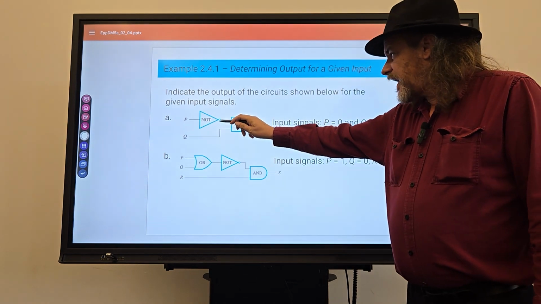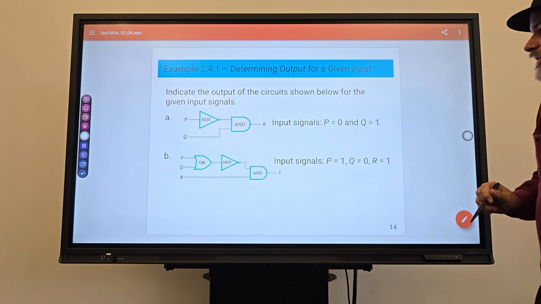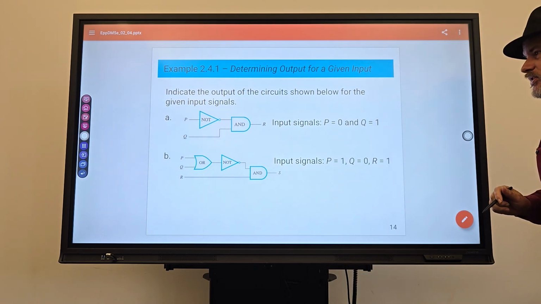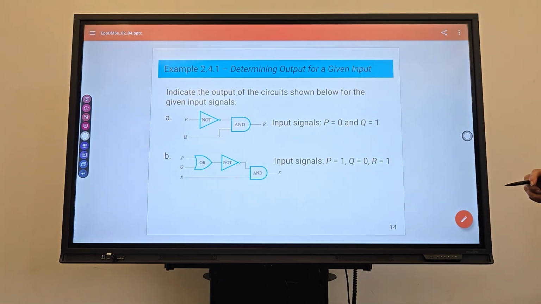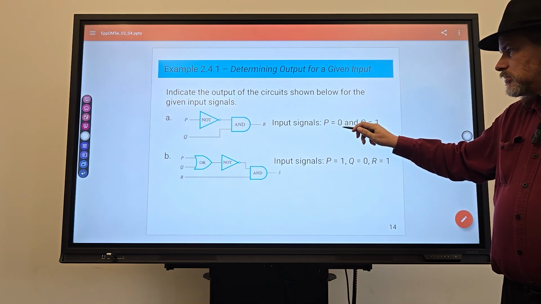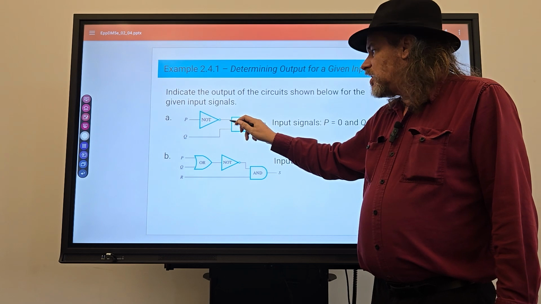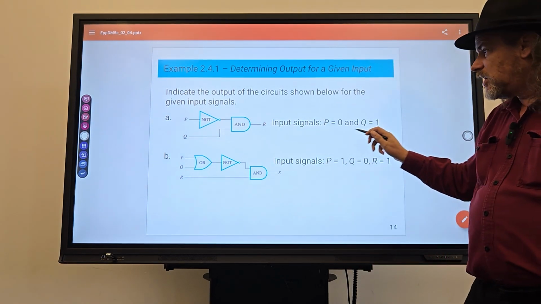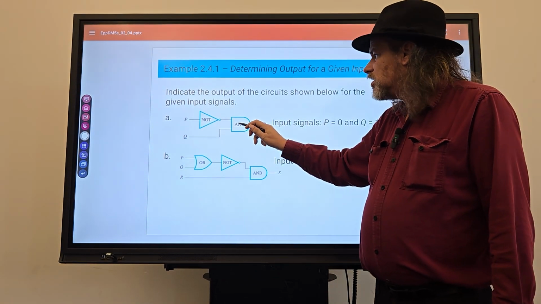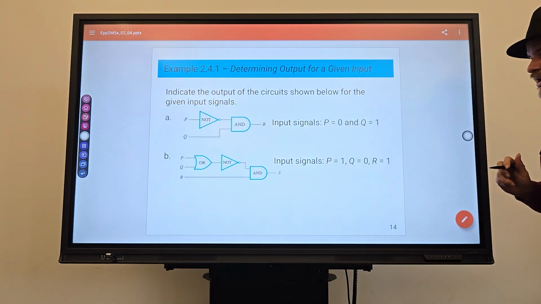It would be an AND, but you're inverting the P, so it would be high if the P is low, because then this would be high, and Q is high, or 1, so it would be two ones going into the AND and R would be a 1.